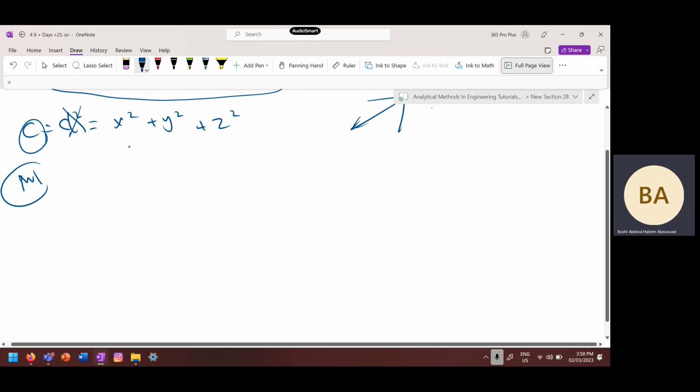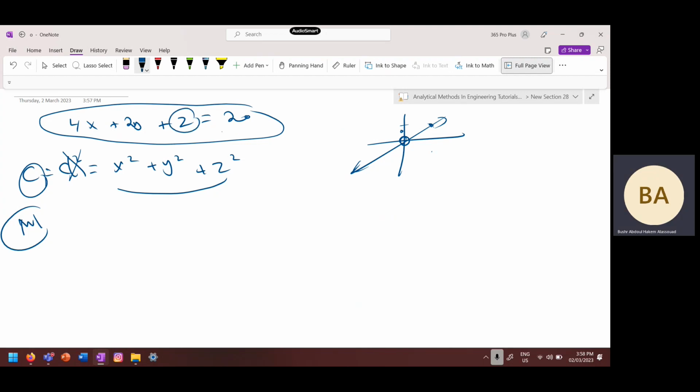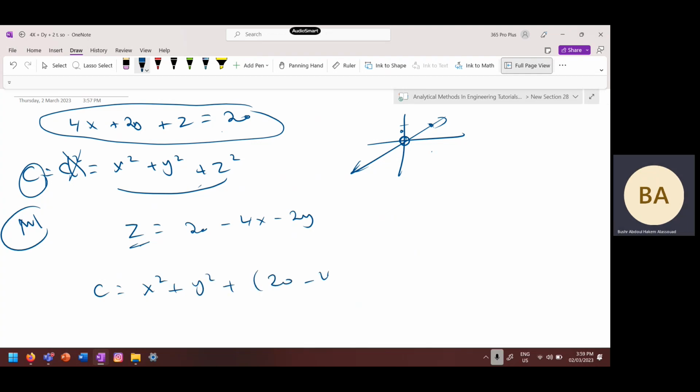We are going to change this and the auxiliary with respect to one of the variables. Looking at this, without any division, you can just choose this one as your dependent variable. So z is equal to 20 minus 4x minus 2y. So you'll have to substitute this value back in the cost function. So c will be equal to x squared plus y squared plus (20 minus 4x minus 2y) squared.